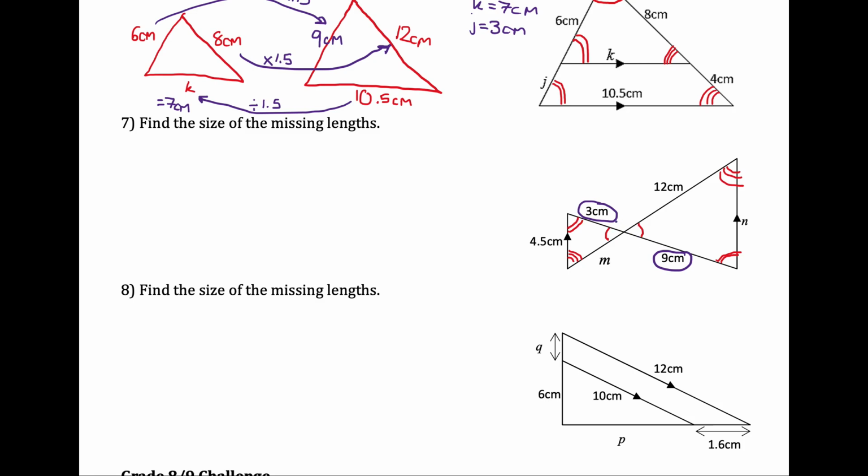So these two are my corresponding sides, and that's how I'm going to get the scale factor, times by 3. Okay, so if I want to know m, I'm going to divide by 3. So 12 divided by 3 is 4. And n, I need to times this one by 3.